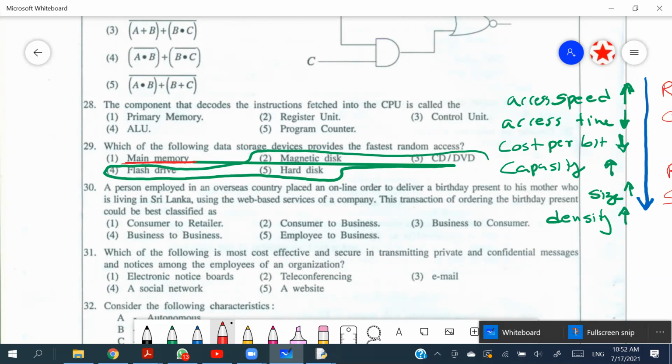For the magnetic disk, CD, DVD, and hard disk, they haven't defined which hard disk it is. So among the magnetic disk, CD, DVD and flash drive, flash drive has the highest access speed. Then the next is the hard disk. Magnetic disk is the next. CD, DVD is the last. Right?